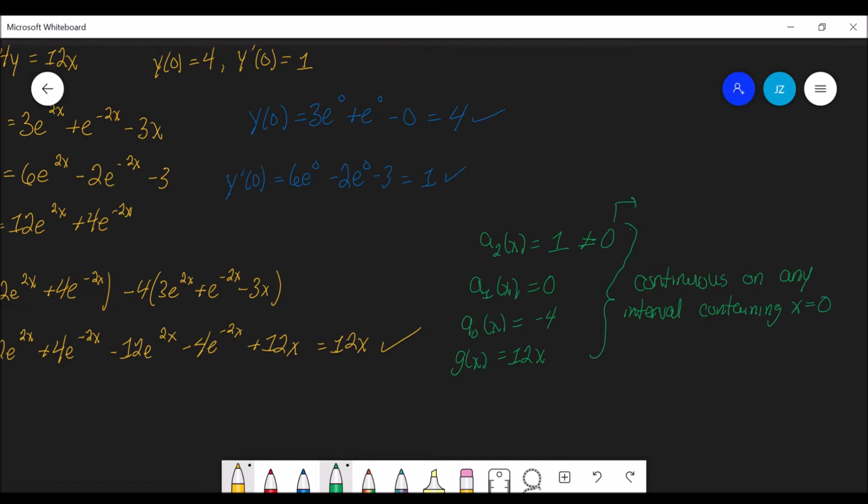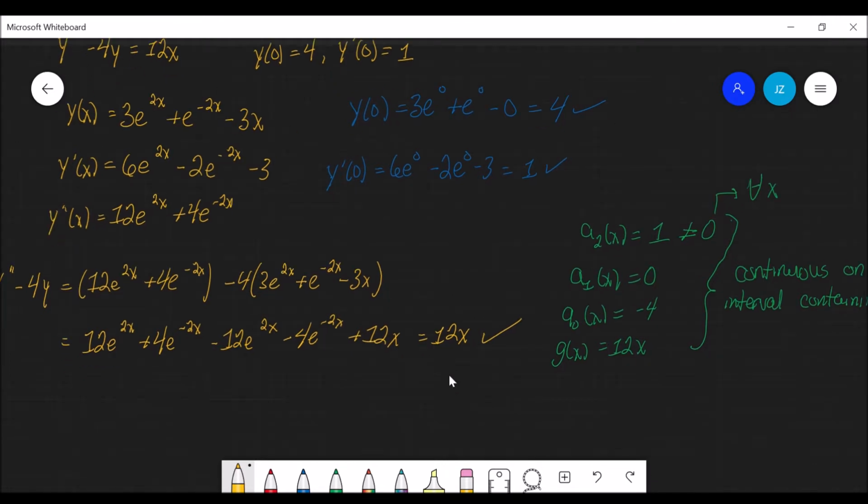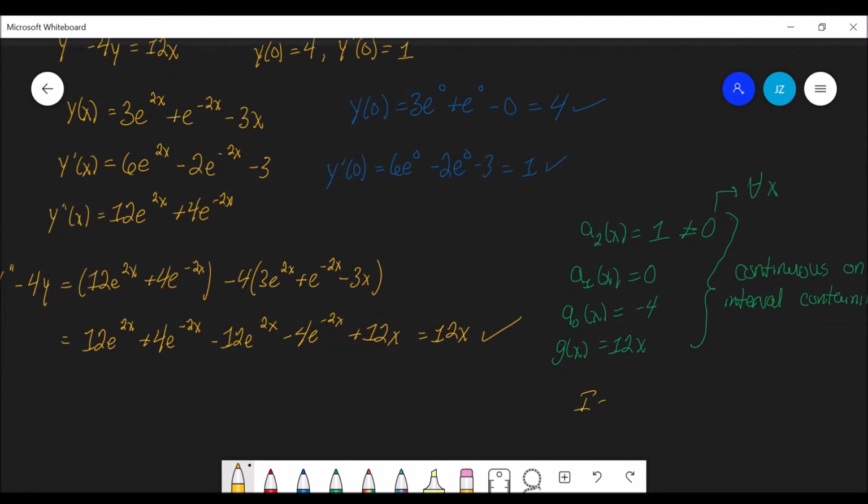So I should specify this is not equal to 0 for all x. So this says that any interval that contains 0, this would be the unique solution on that interval. So the largest such interval would be all real numbers.